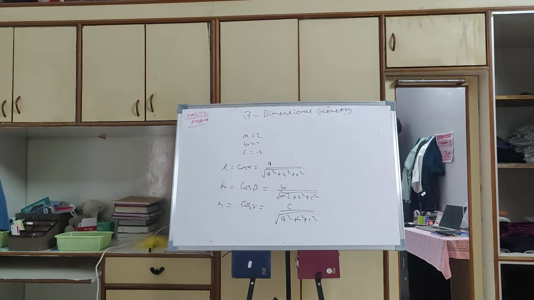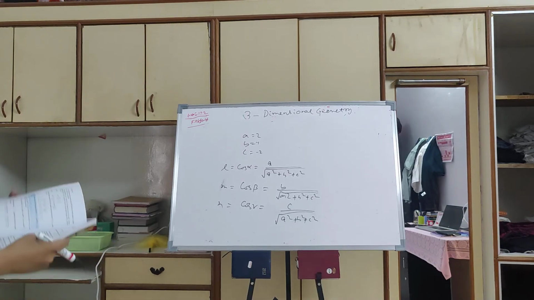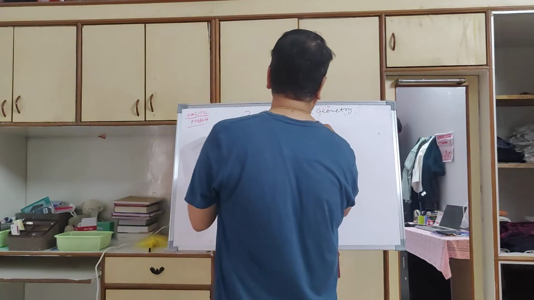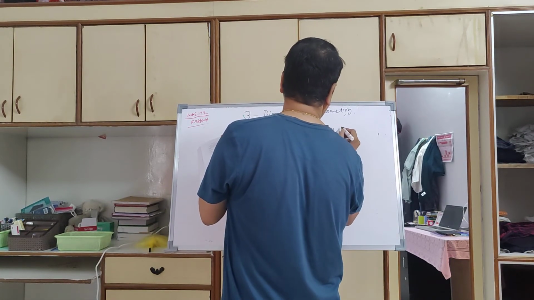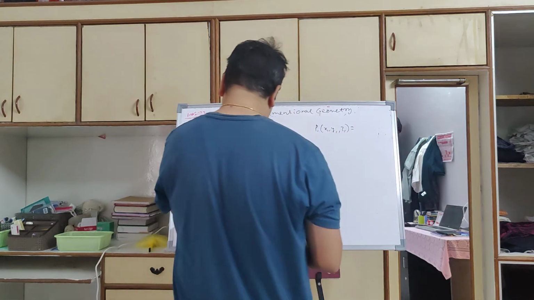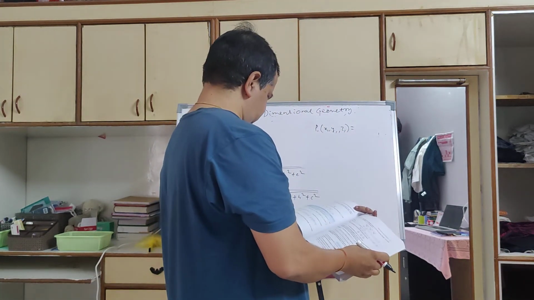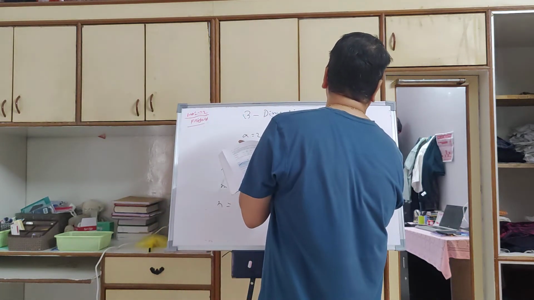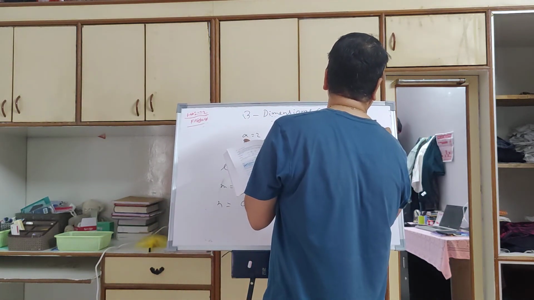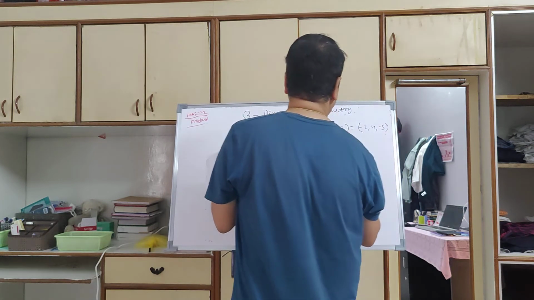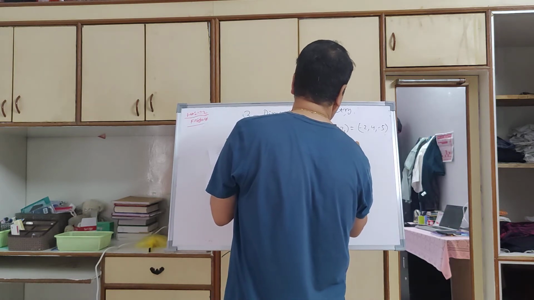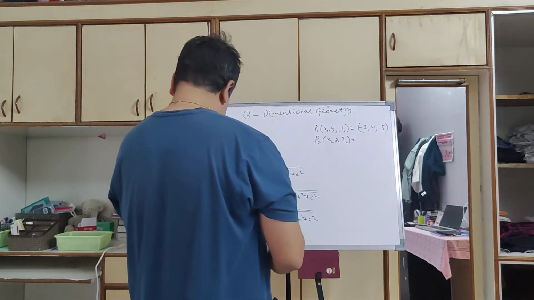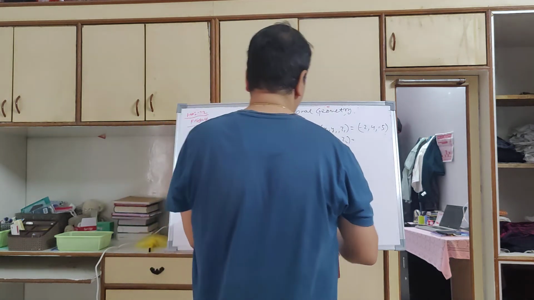Then find the direction cosines of a line passing through two points. Point 1 has coordinates x1, y1, z1, which is minus 2, 4, minus 5. Another point has coordinates x2, y2, z2, let us say 1, 2 and 3.